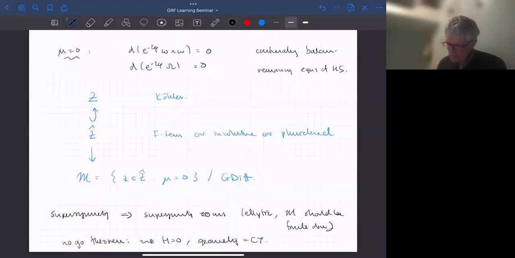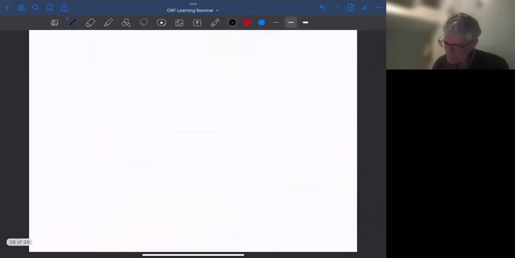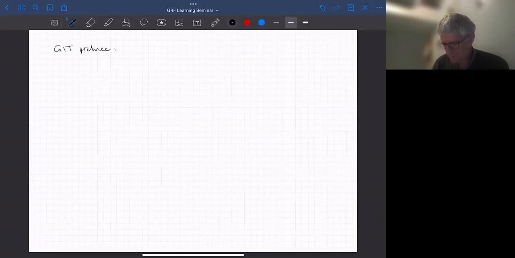Let me say one other thing. The GIT picture: we should also be able to think of this moduli space as being some Z hat quotiented by the complexified gauge group.